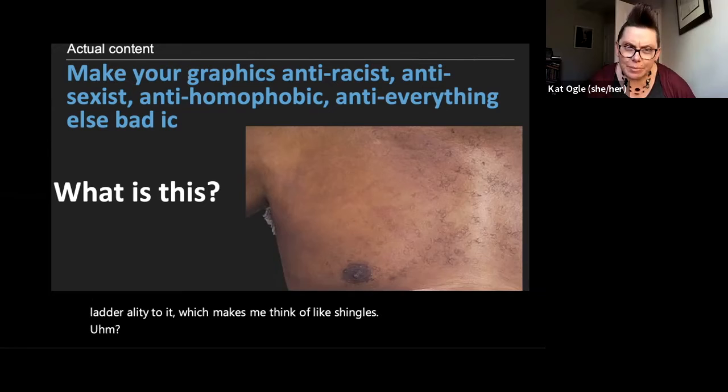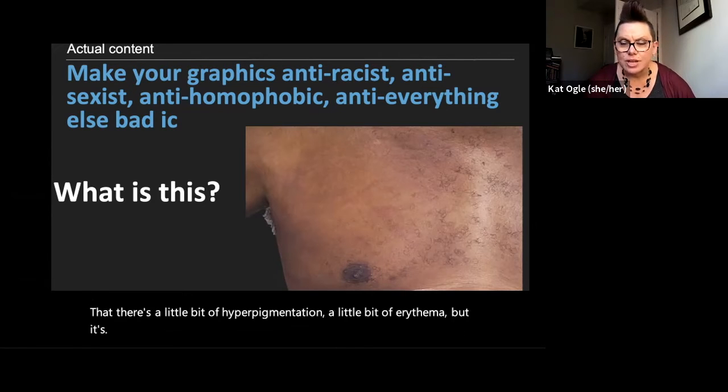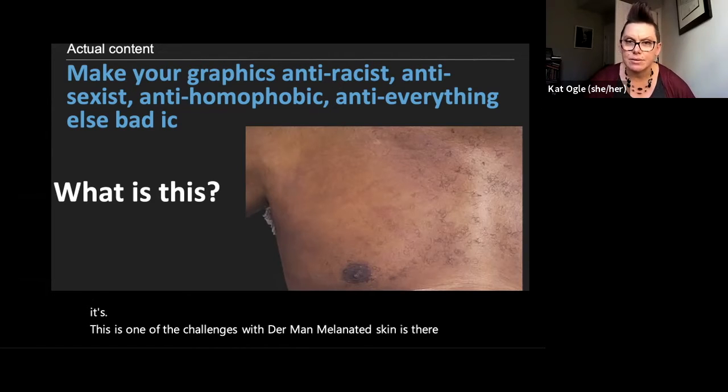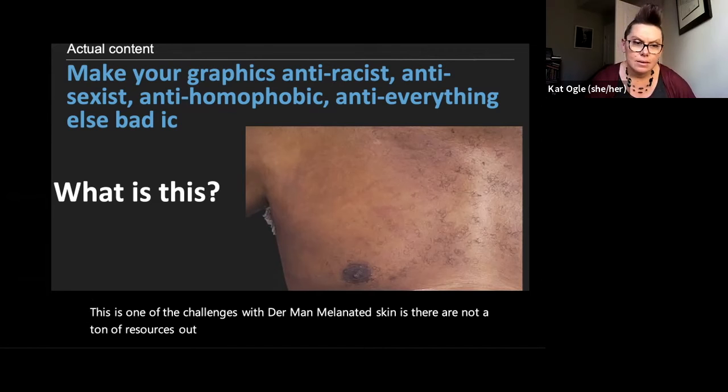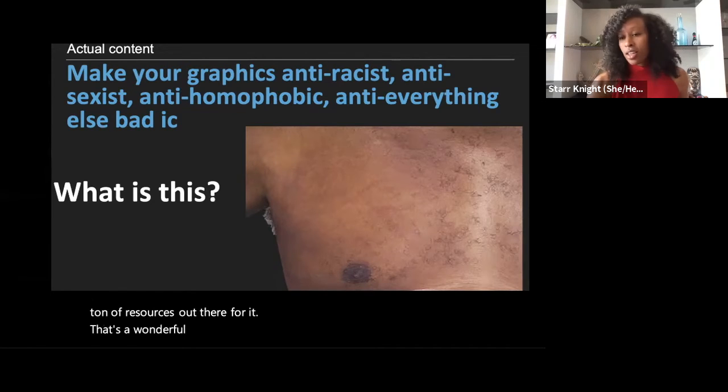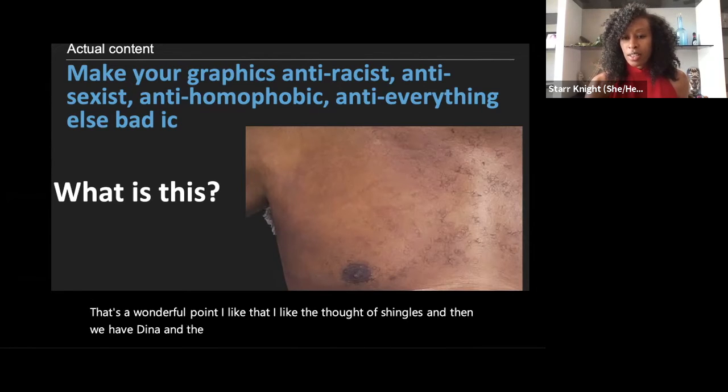There's a little bit of hyperpigmentation, a little bit of erythema, but this is one of the challenges with derm and melanated skin, there are not a ton of resources out there for it. That's a wonderful point. I like the thought of shingles. And then we have Dinah in the chat saying blanched and raised, medial to armpit.